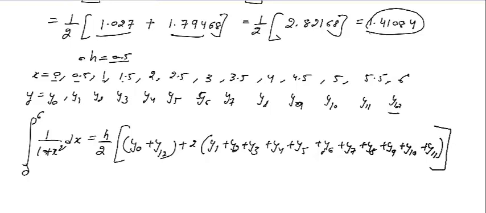You will find the value of all the y's. How do you get y? y is equal to f(x), and f(x) is equal to 1 over 1 plus x square.